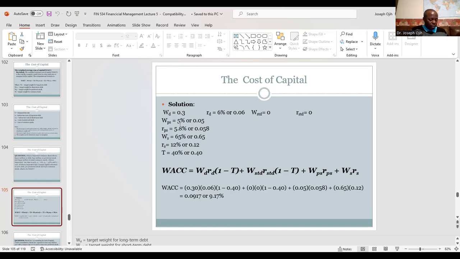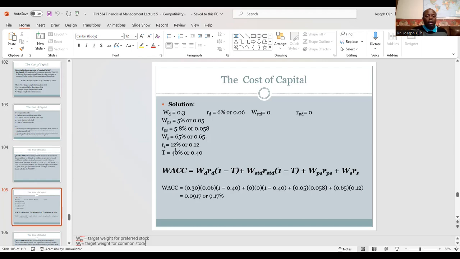WPS is 5%. And we got that RPS is 5.8%. That is the cost of preferred stock. RPS is 5.8%. Okay. Then WS, the target weight of common stock, is 65%.